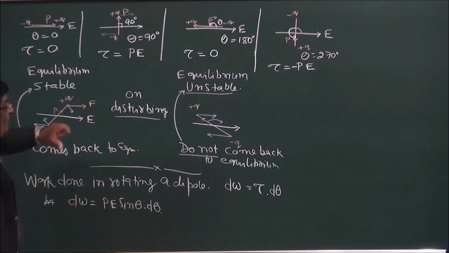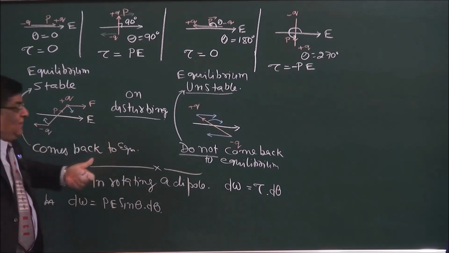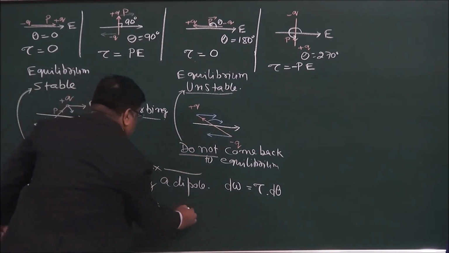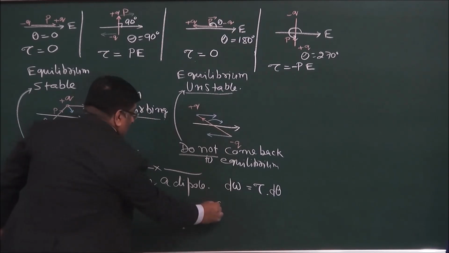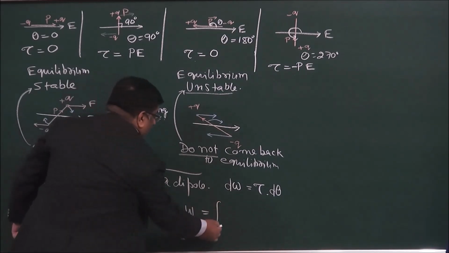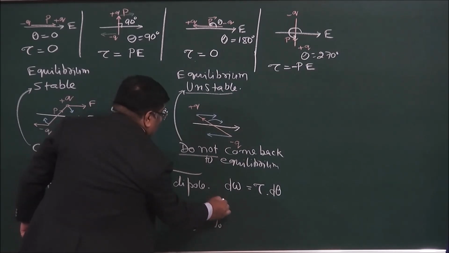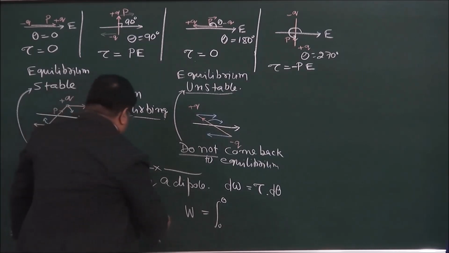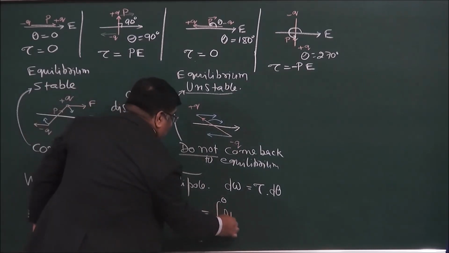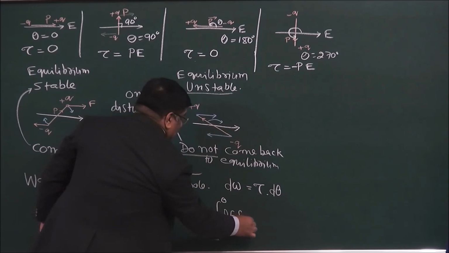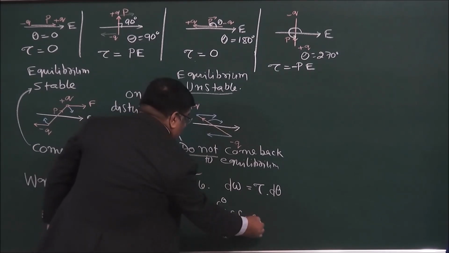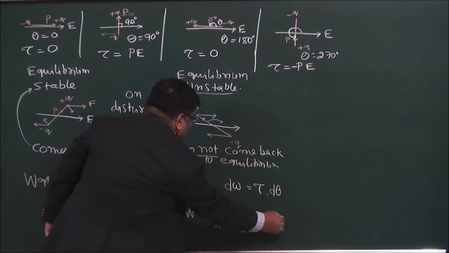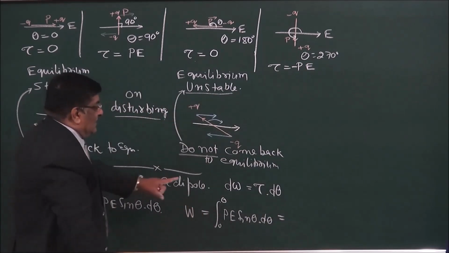Now, if we rotate it by an angle theta, the total work done, rotating it from 0 degrees to theta, how much will it be? Integration of PE sin theta d theta. And what is the integration of sin theta d theta?